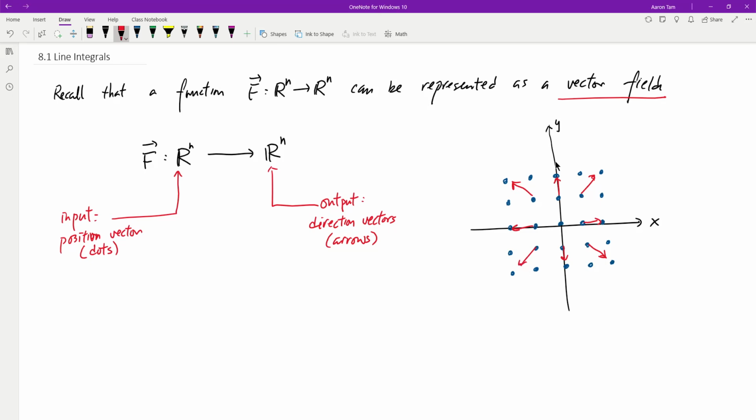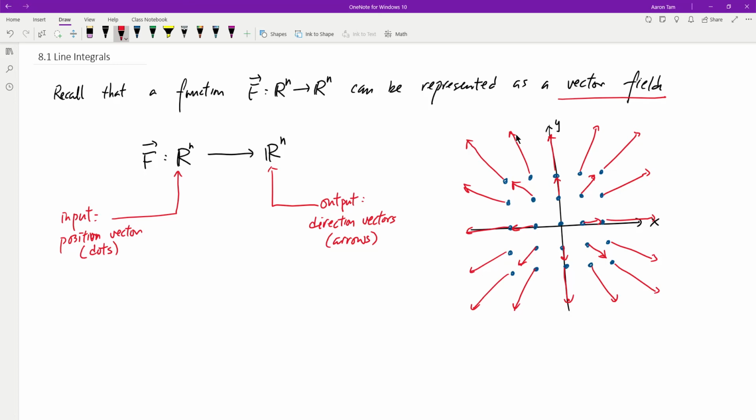Someone might remember seeing this picture, where everything just gets pushed outward, like an explosion, everything pushed outward from the origin.